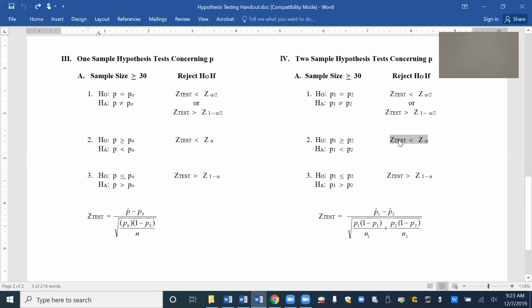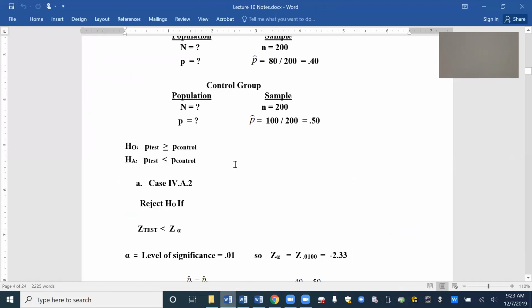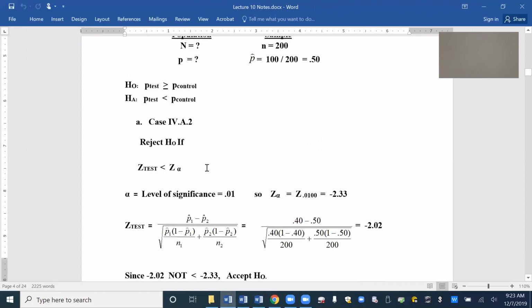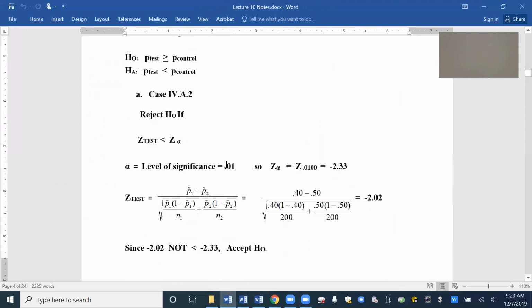And then we're going to say, what's my Z test? How many standard deviations are the 2 groups apart? And see if we can prove our case, if it's more extreme than needed. So we plug in the 0.01 and we get minus 2.33 standard deviations.